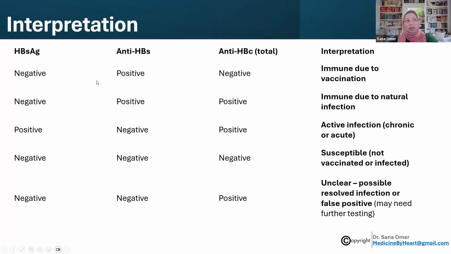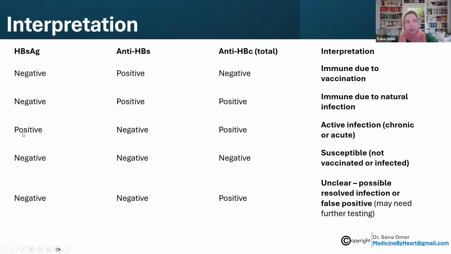If S antigen is negative, anti-HBs is positive, and anti-HBC is also positive, where anti-HBC can be either IgG or IgM, that means the patient is immune due to natural infection.